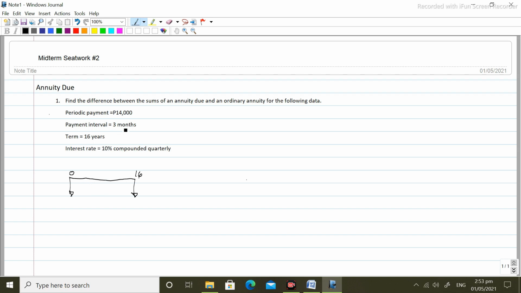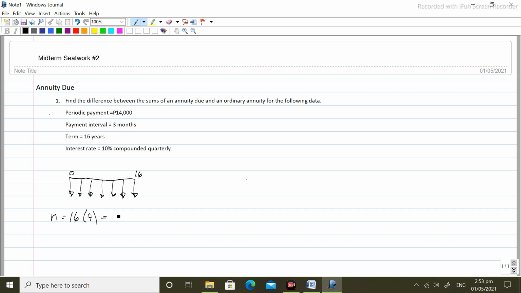We have a 3-month payment interval, so every year we have 4 payments. That means our N is equal to 16 years times 4, since it is quarterly.